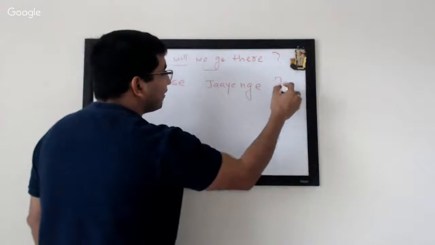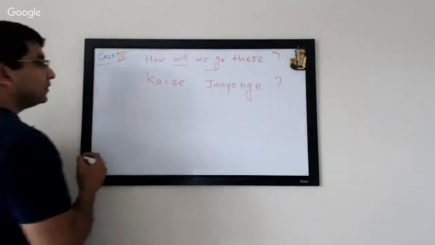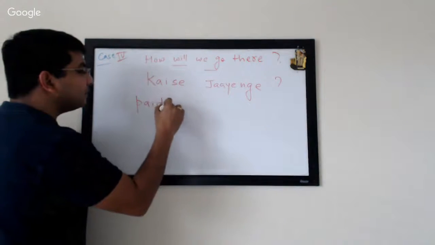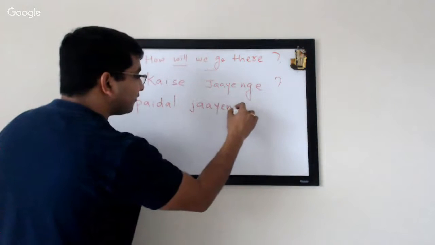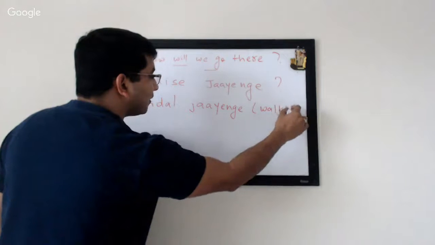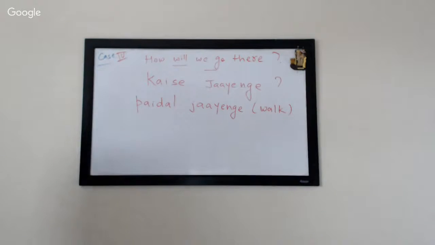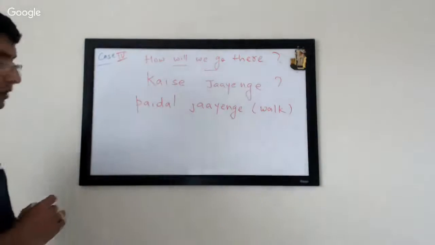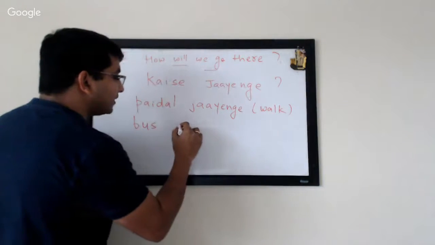Either you can say हम वहाँ कैसे जाएंगे, or you can say कैसे जाएंगे, right? And the possible responses are हम वहाँ पैदल जाएंगे. So पैदल is kind of like will walk, right? By foot, right? पैदल चलना is to walk. Okay. हम वहाँ बस से जाएंगे. We'll go by bus.